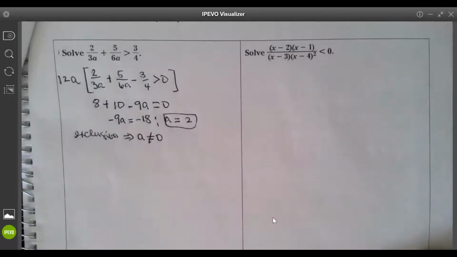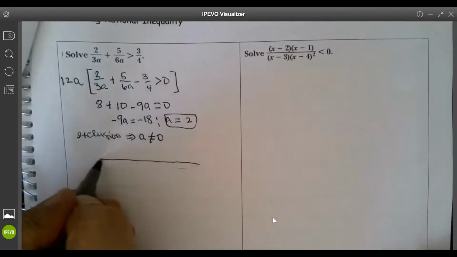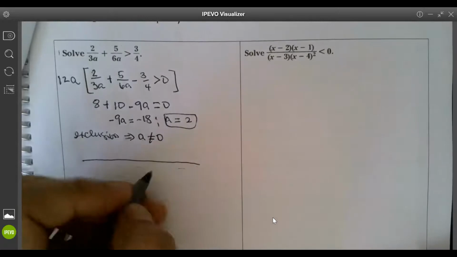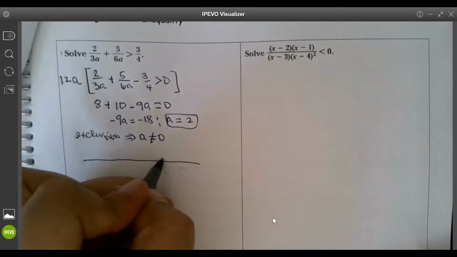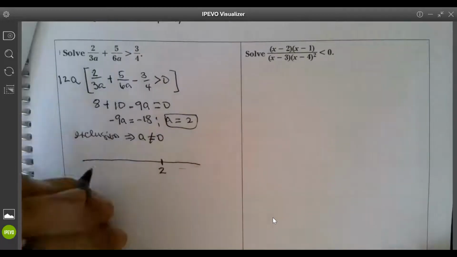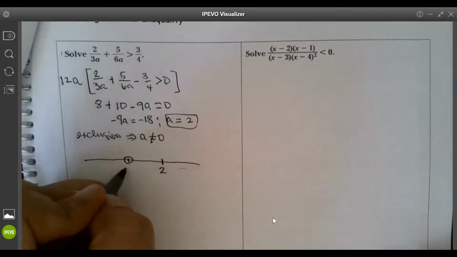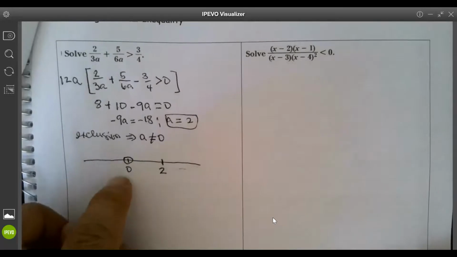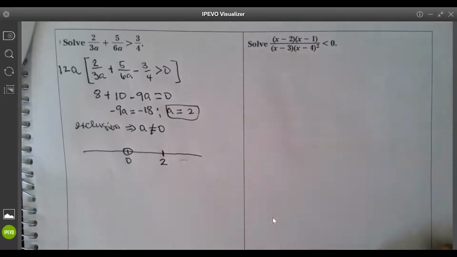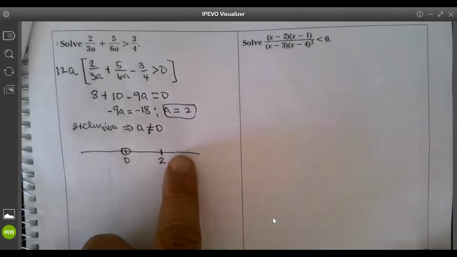Now the next thing you do is draw a number line and test these points. For A equals 2, and A cannot be 0. It cannot be 0, that is why it's an open circle. Now, we're going to test these intervals.